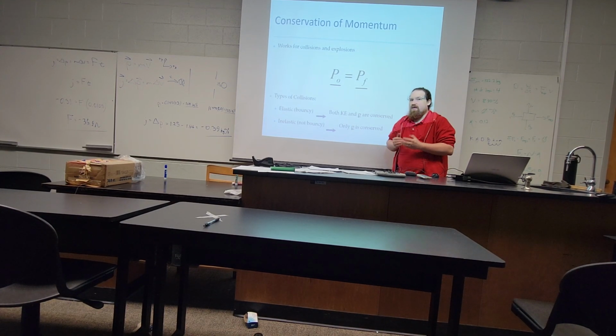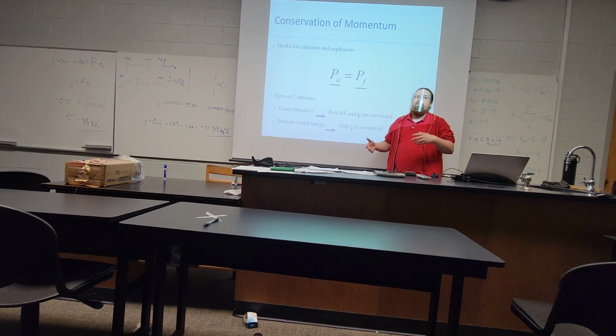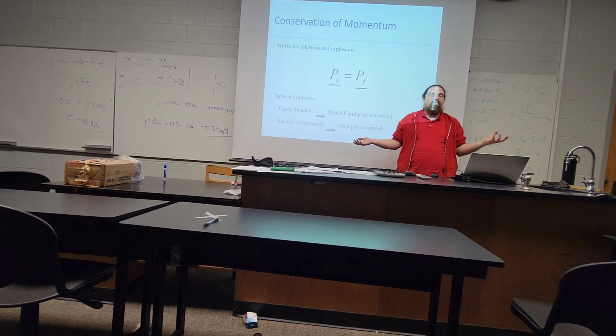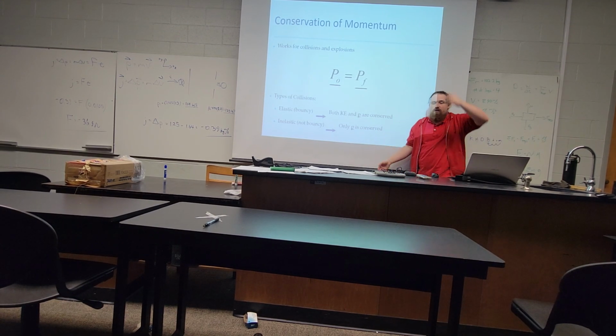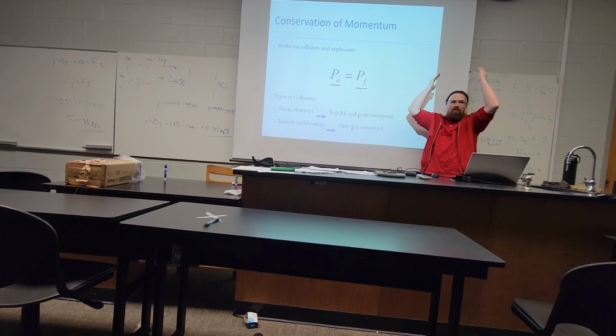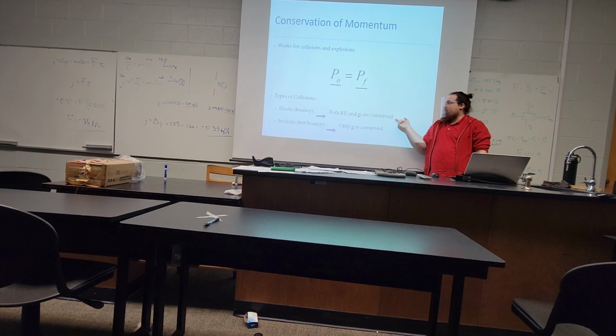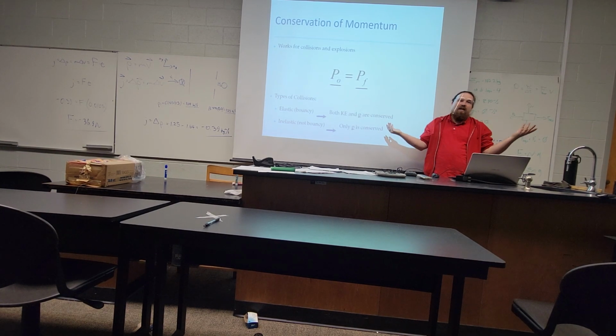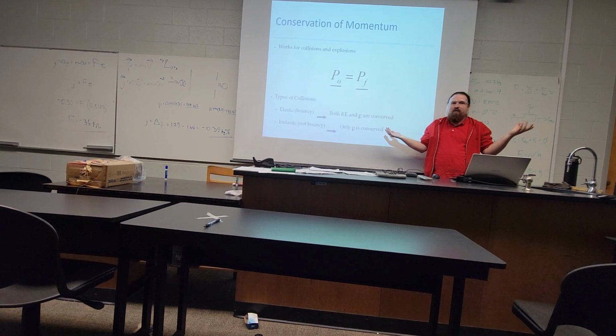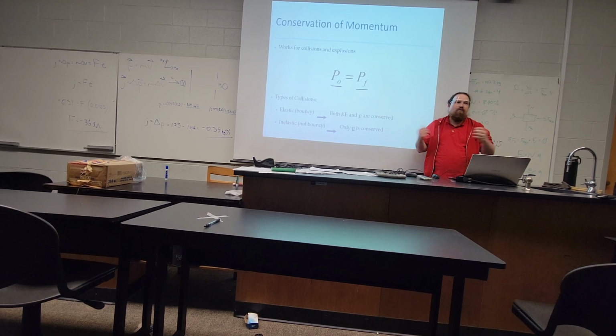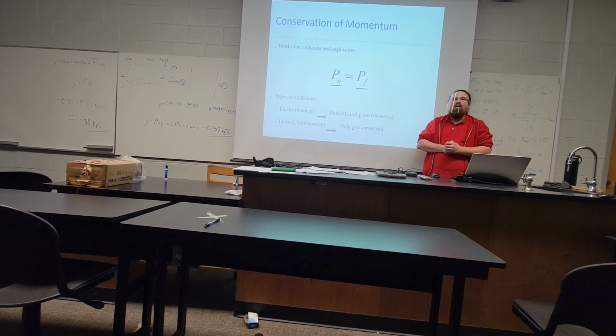An example of an elastic collision is throwing a very bouncy ball at the floor. You throw it down, it bounces back upwards. It keeps its energy in that collision, and so elastic collisions are inherently more energetic, more bouncy. Things tend to keep moving after you have an elastic collision, like bumper cars.